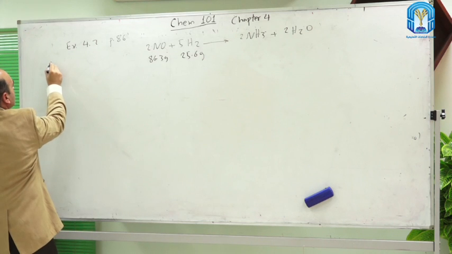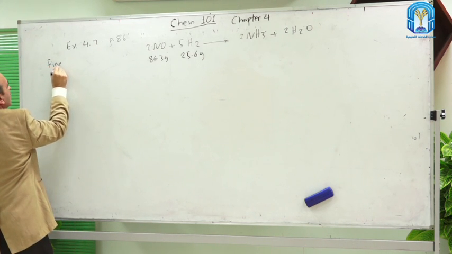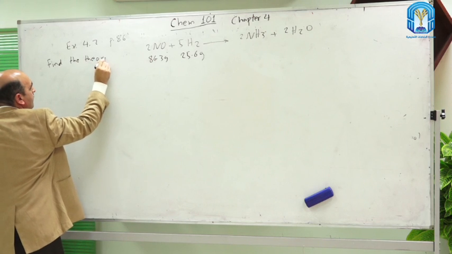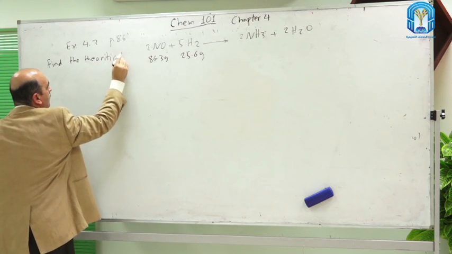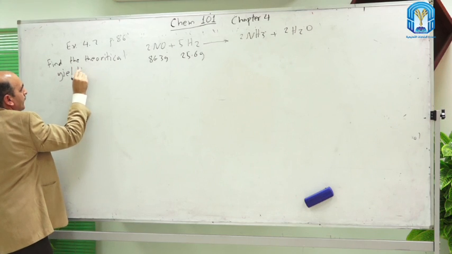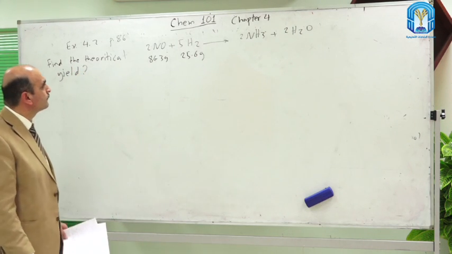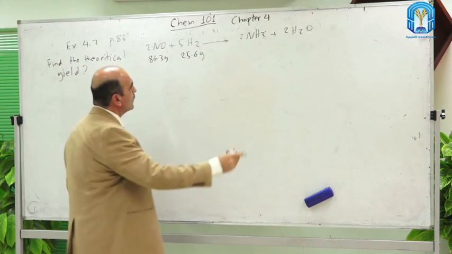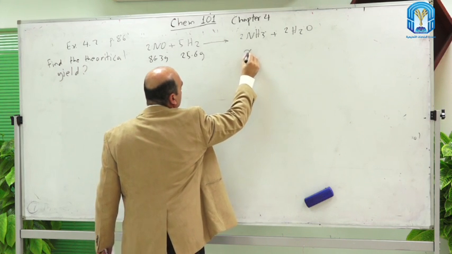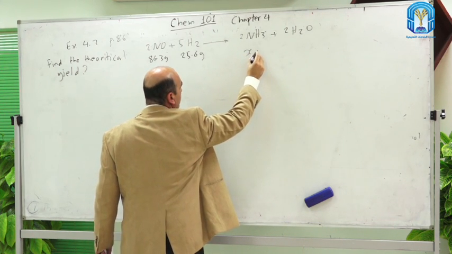So we need to find the theoretical yield of ammonia in grams.